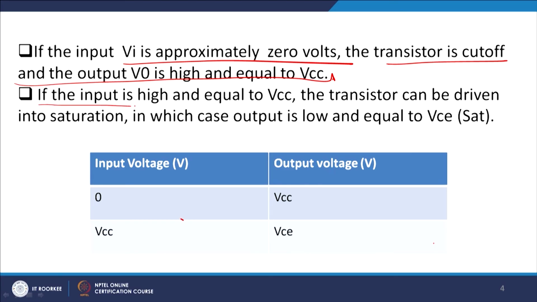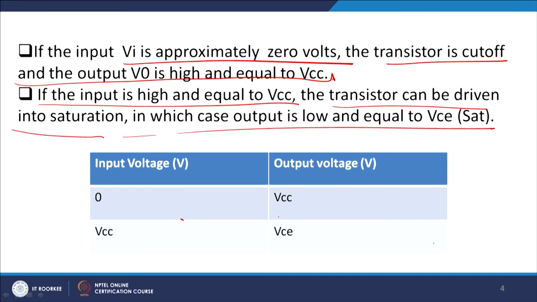Now, if the input is high and equal to VCC, the transistor can be driven into saturation, in which case the output is low and equal to VCE sat. So, the output is either equal to VCC or equal to VCE sat, two extremes which are available for this particular design, and you can switch from one to another very fast in this case.